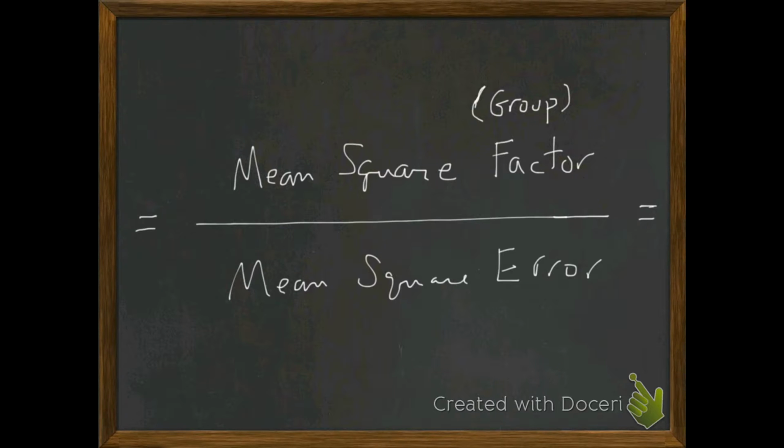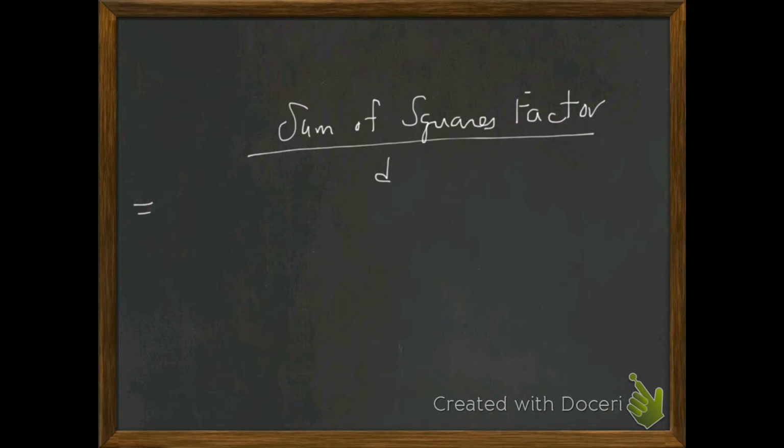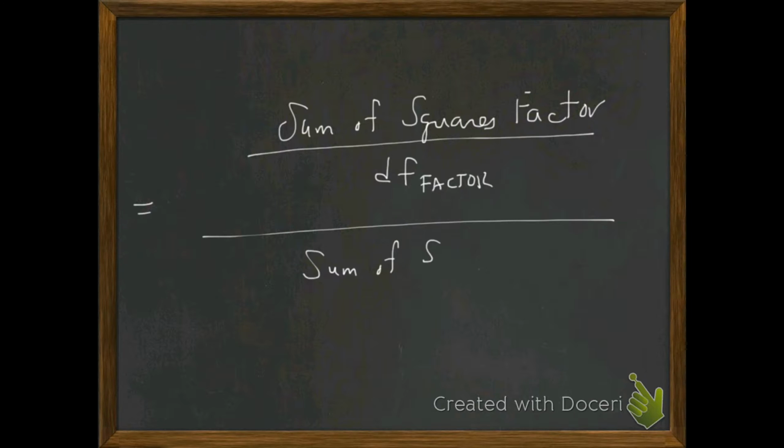Now each of these is divided into what we call the sum of squares for the factor divided by the degrees of freedom for the factor, all divided by the sum of squares for the error divided by the degrees of freedom for the error.